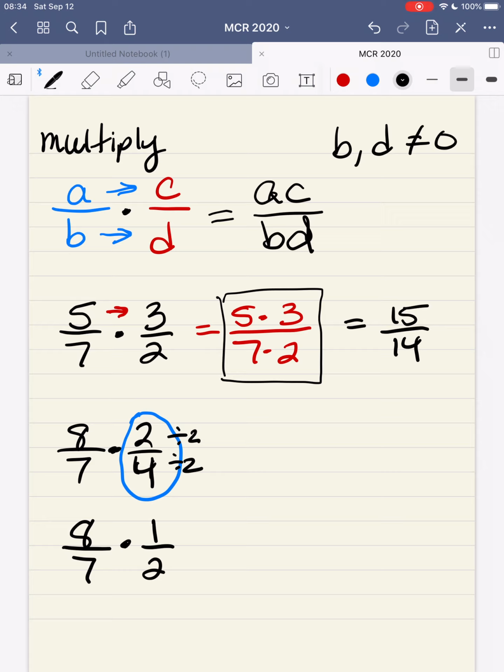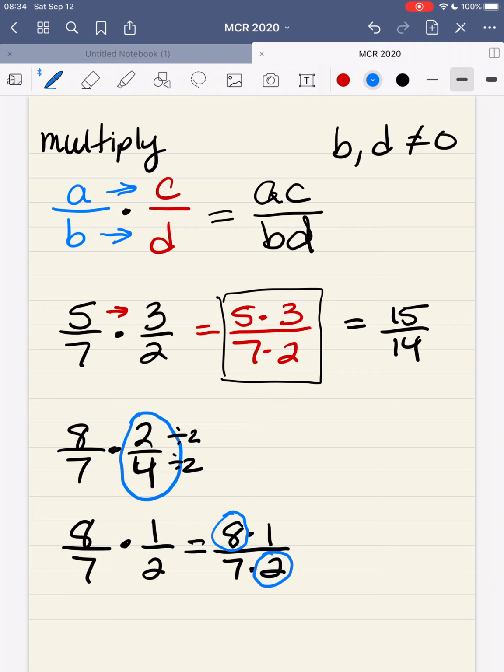So now I have 8 over 7 times 1/2. That means I have 8 times 1 over 7 times 2. And I also want to show you something else. As I look at this, I see my 8 and my 2 are both even. So if I want to, I could simplify right now by dividing by 2 for top and bottom.